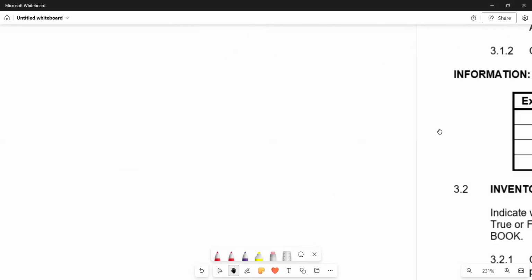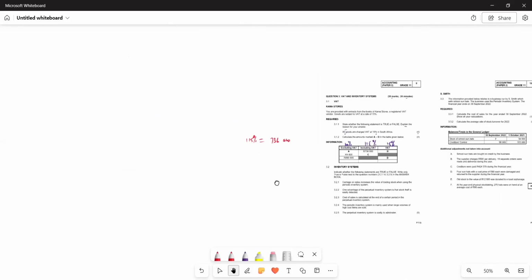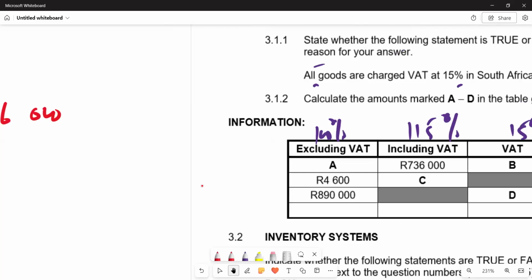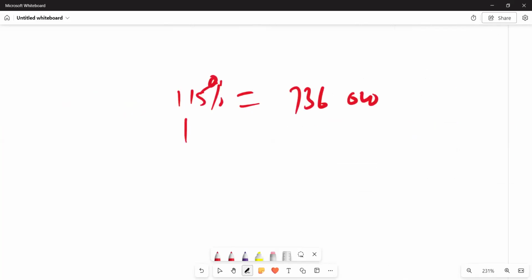So in this case, 115% is equal to 736,000. The figure that we are looking for, our A, is excluding VAT, which is your 100%. So you can make that proportion, saying 100% now is the question mark, the figure that we're going to look for.